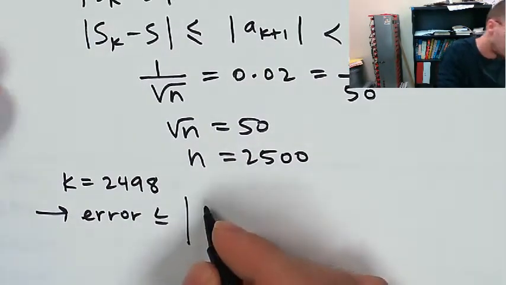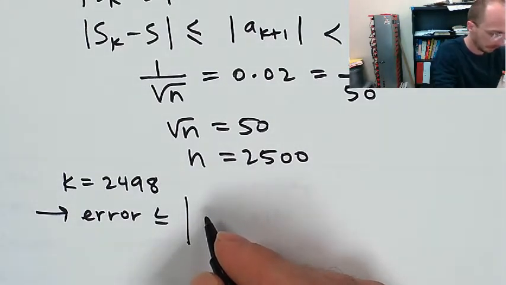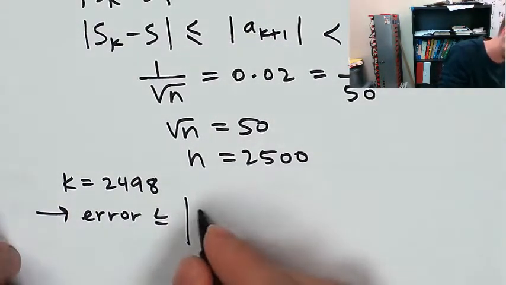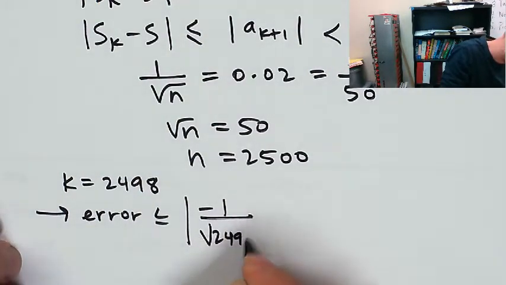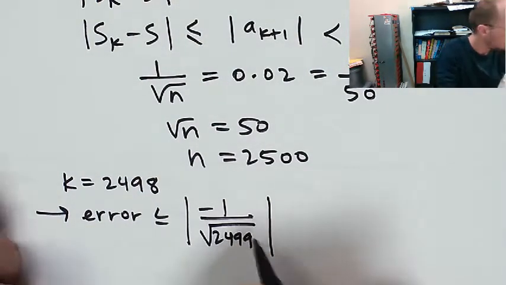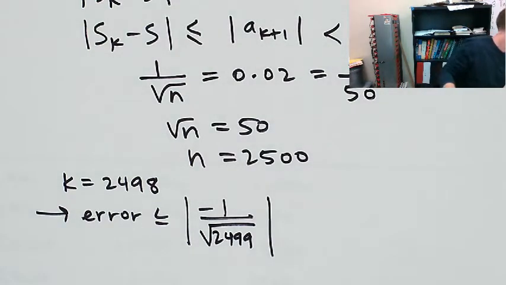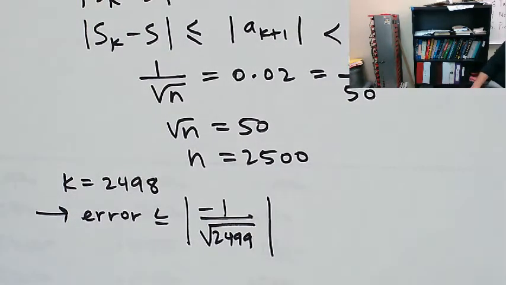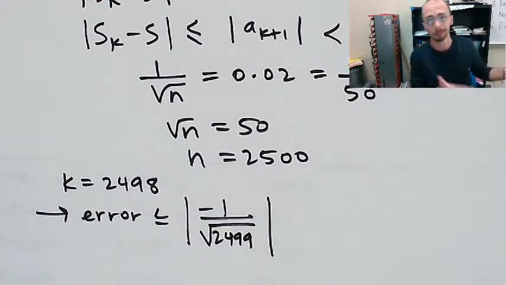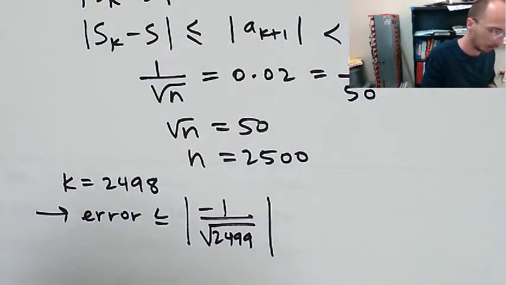Okay, so cosine of 2,499 pi is going to be negative 1, but I'm going to take the absolute value of it, so it's going to become positive. The square root of 2,499. I feel like that's still going to be bigger than 0.02. Looking for a calculator. Maybe you just know, because square root is an increasing function, that's not going to be big enough.